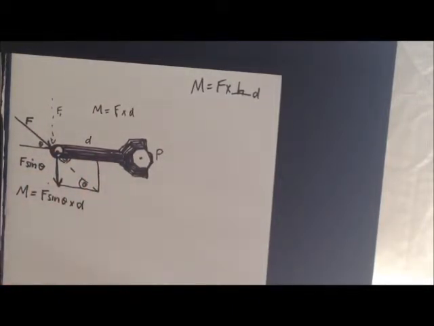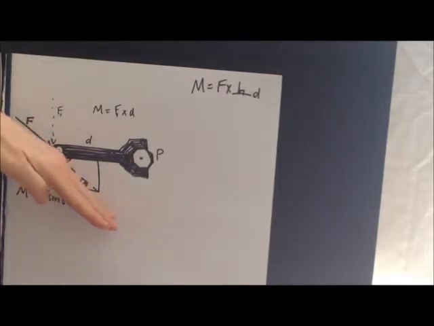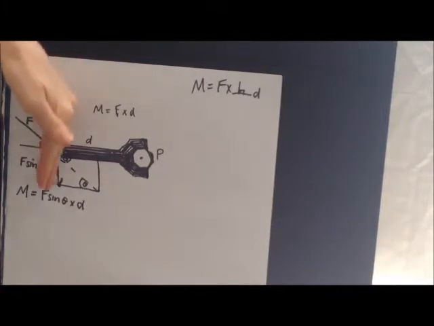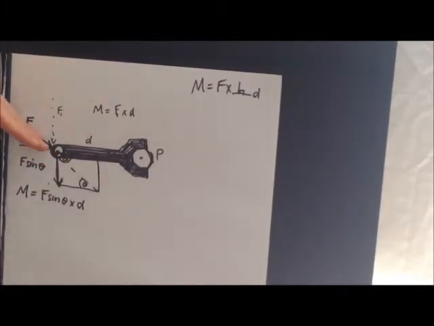So when we compare pushing that way in an oblique direction with pushing downwards, you're actually going to get a smaller moment, so it's less efficient to push this way.